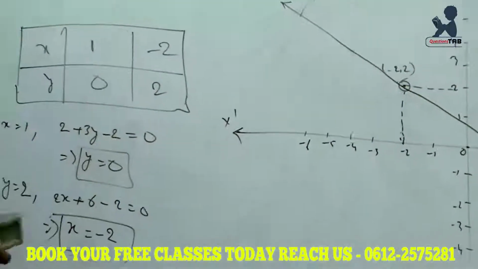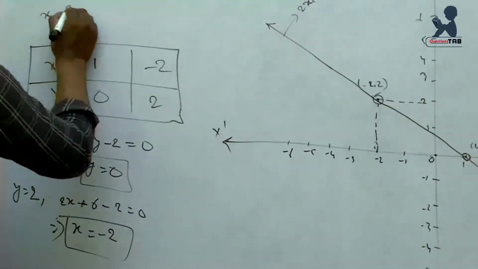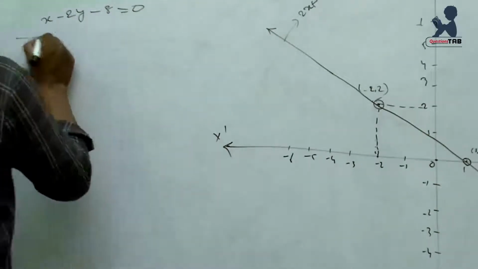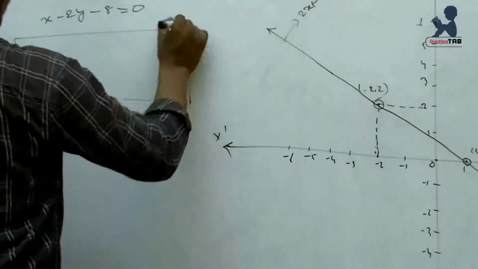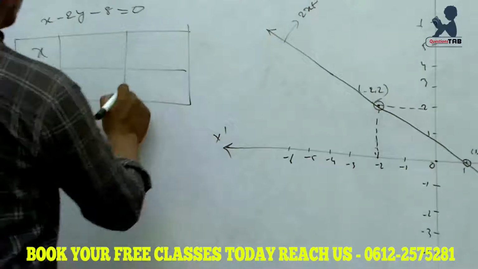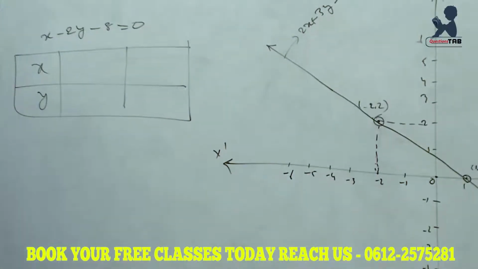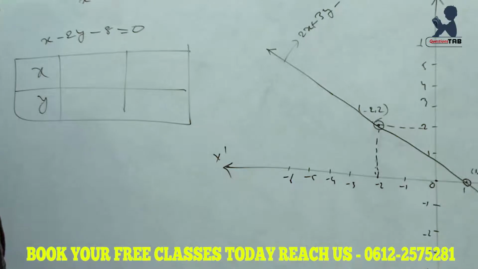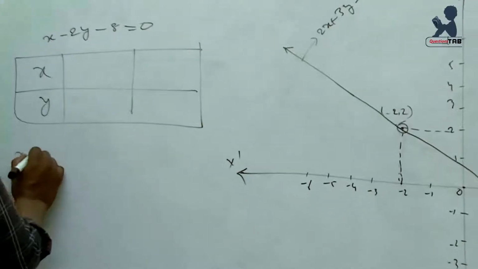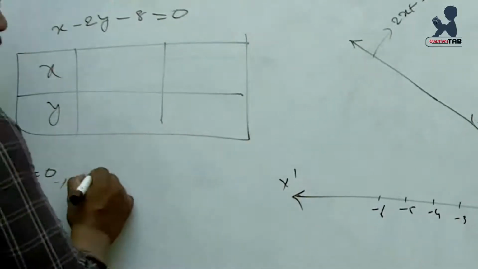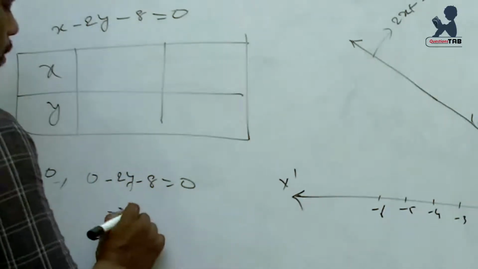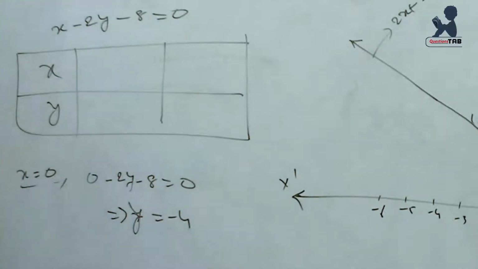So now we are going to move on to x minus 2y minus 8 equals 0. First let's take x equals 0. So for x equals 0, minus 2y minus 8 equals 0, so we get y equals minus 4.